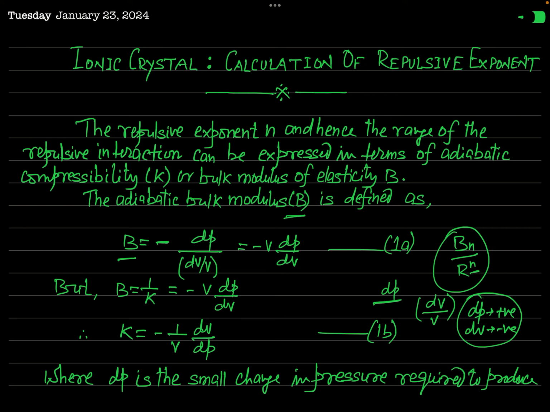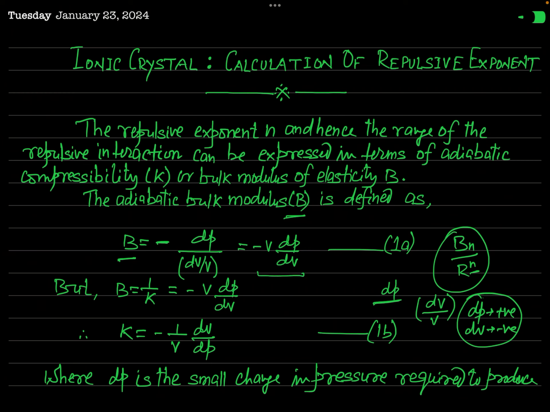So to avoid the negative sign in the definition, we always use the minus sign. So the bulk modulus of elasticity of any material, this general definition, is denoted by the symbol B and it is defined by minus dP over dV by V. Equivalently, you may write it as minus V times dP by dV.